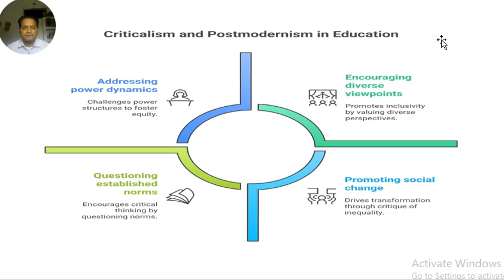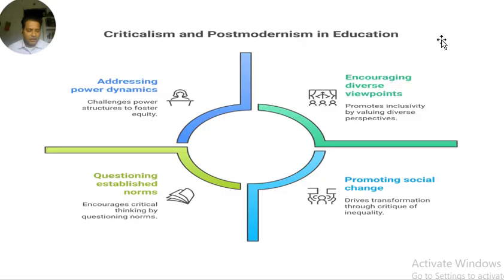In this slide, I will try to explore criticalism and postmodernism in education. Criticalism focuses on making education fair and equal. It looks at problems like social inequality or lack of access to quality education.